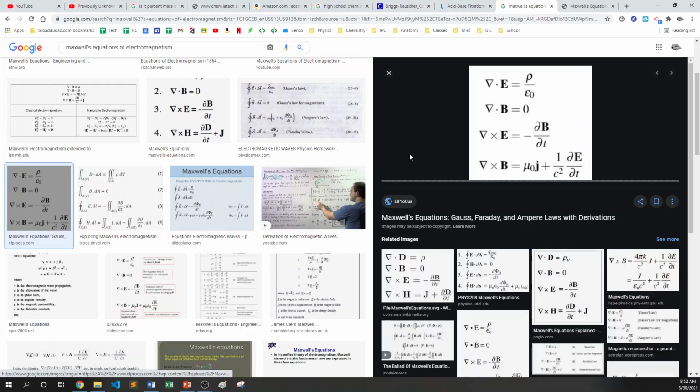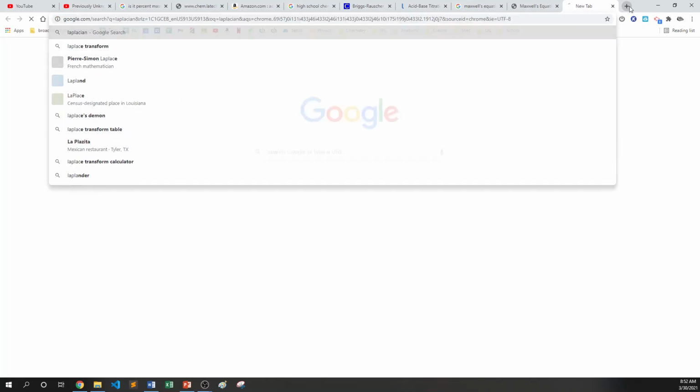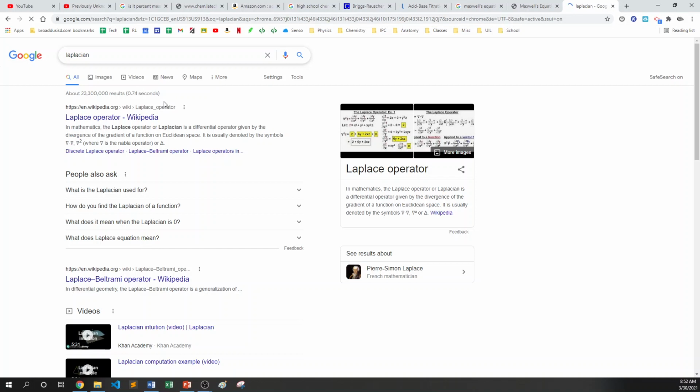Because I used the letter D. So it's the del dot product with the electrical field. The del, it's not del, that would be Laplace. Let's see. I'm trying to look up or remember advanced calculus. Laplacian is squared.